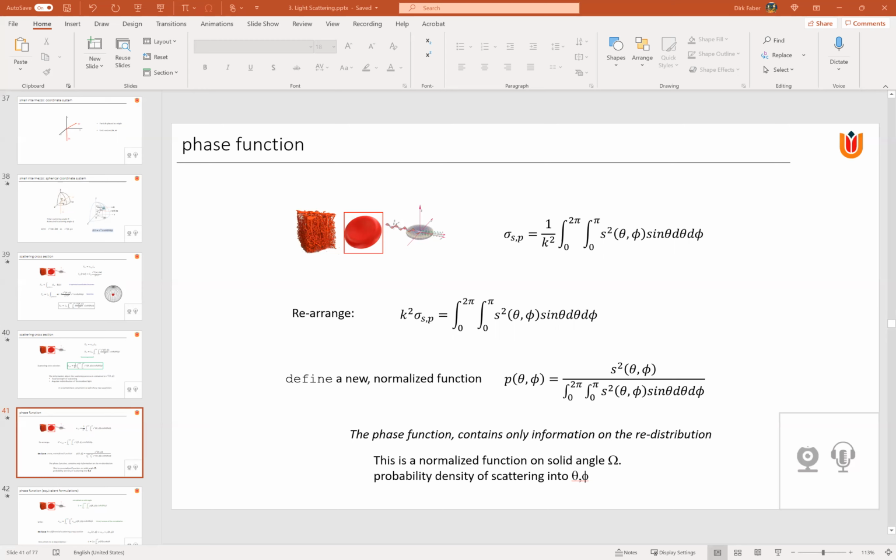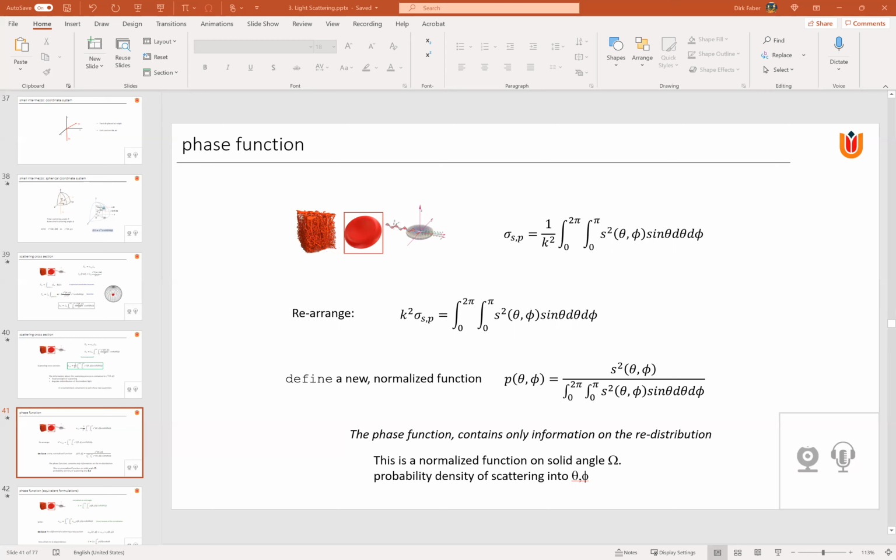But still, it contains only the information on the redistribution of the light, so not how much light is scattered, but in what direction. It is a normalized function, as you can see by the definition.